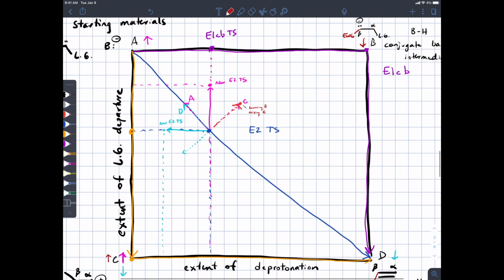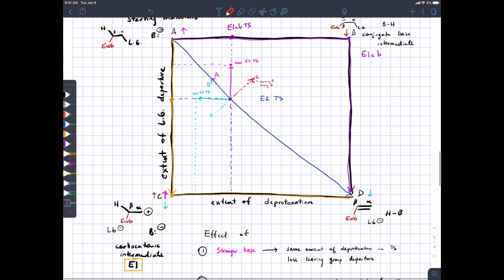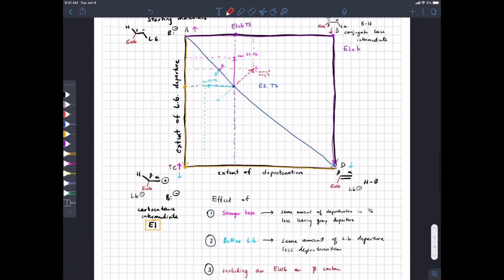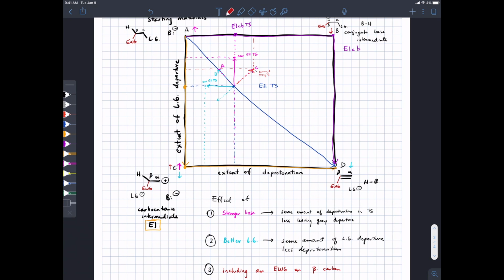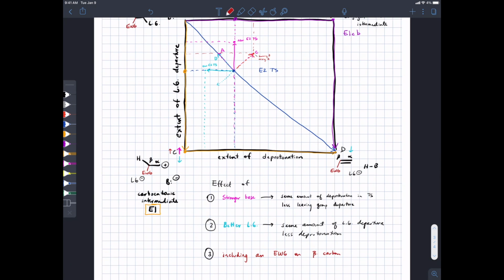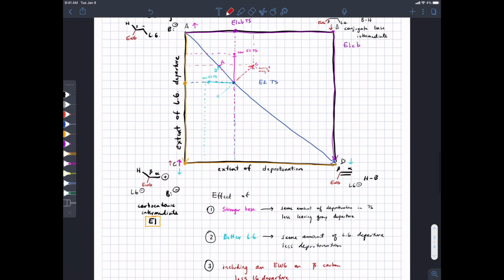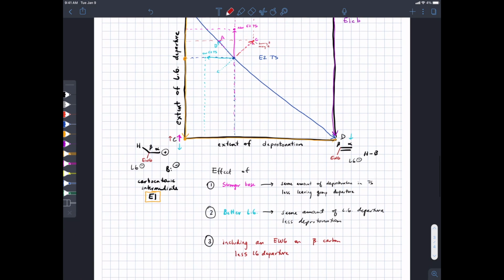All right, what will that do to a transition state? Well, that's one that affects both extent of deprotonation and extent of leaving group departure. So if we have a better leaving group, our transition state will have less leaving group departure, but more deprotonation.